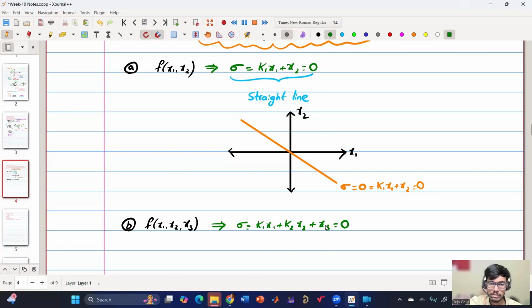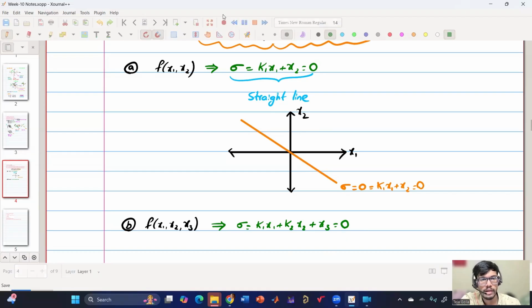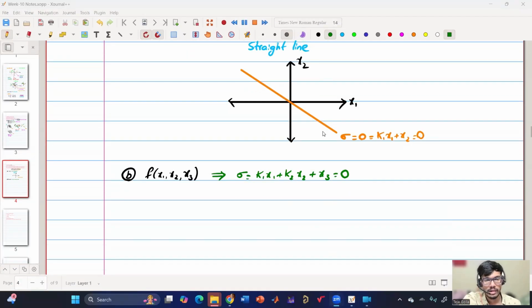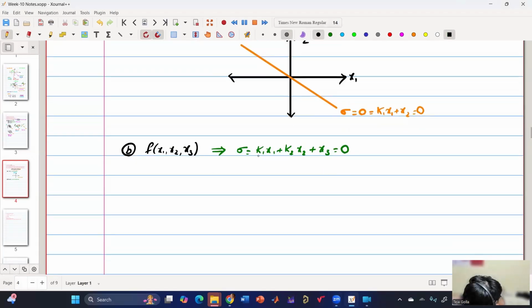So this is a generic expression, which is k1 x1 plus k2 x2 plus x3 equals to 0. So now is it a line or is it a plane? Sigma? Anyone? Plane. Yes, so this is a plane.